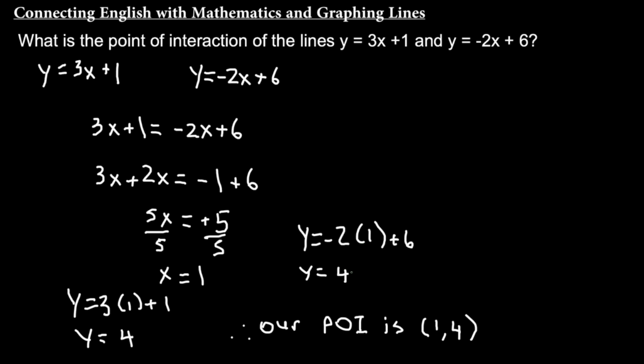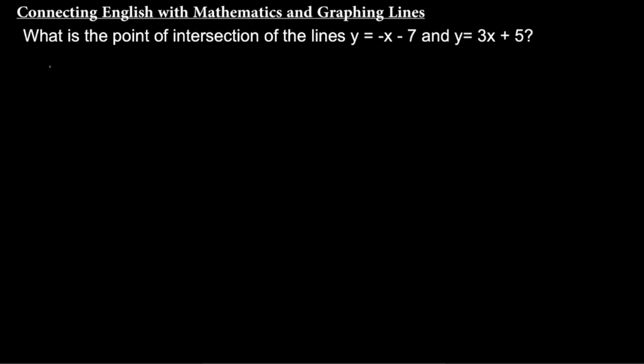And therefore, this just proves that regardless of the equation you use, you'll still get the same answer of y equals 4. So the next question we have to solve is, what is the point of intersection of the lines y equals negative x minus 7 and y equals 3x plus 5? Similar to the last example, we will also use a method called substitution.